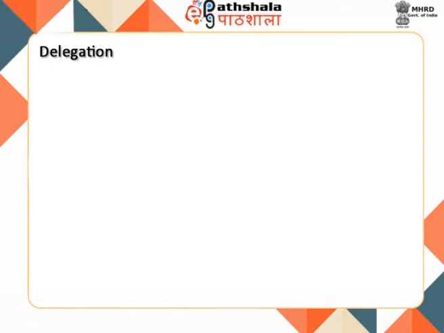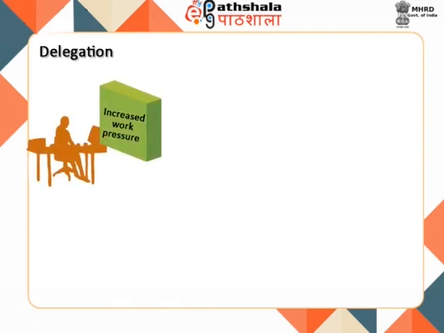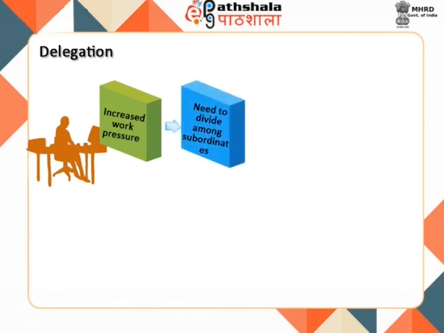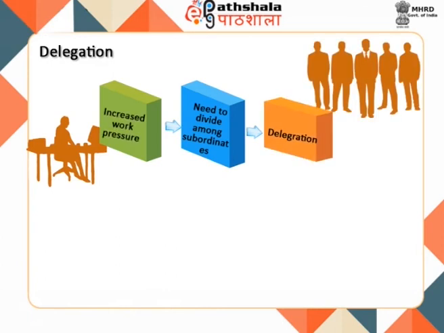Let us now understand the concept of delegation and decentralization. Where in an organization the work of an executive increases so much that it is not possible to cope with it, then work is divided among subordinates by the executive. This is called delegation.